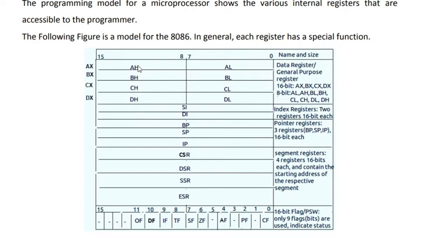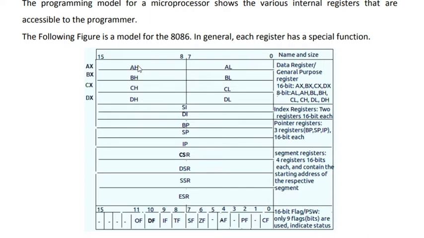So based on the requirement of the programming construct, we can make use of AX, BX, CX, and DX, or AH, AL, BH, BL, CH, CL, DH, DL. So these are the representations of the four general purpose registers that we have.